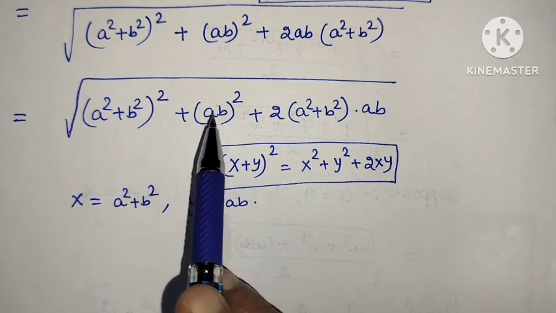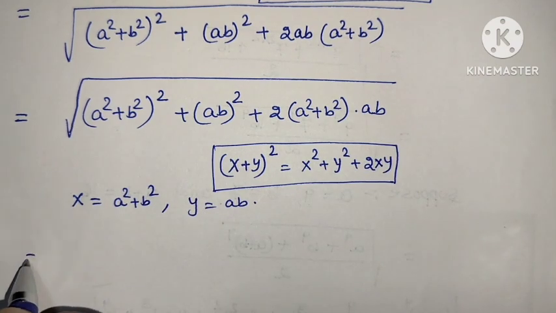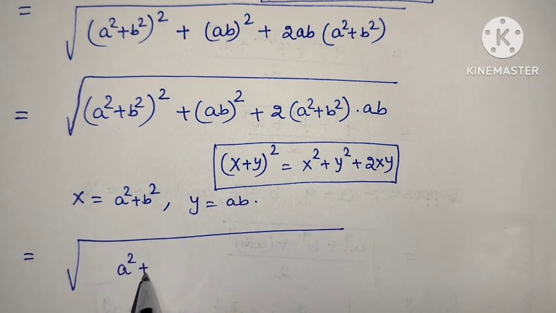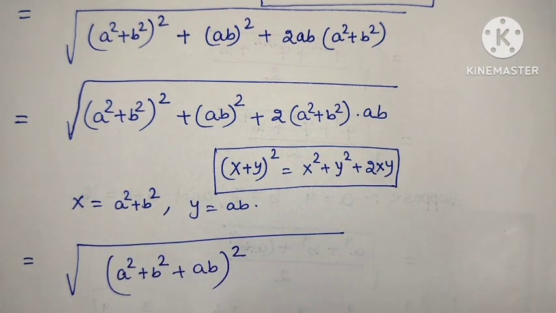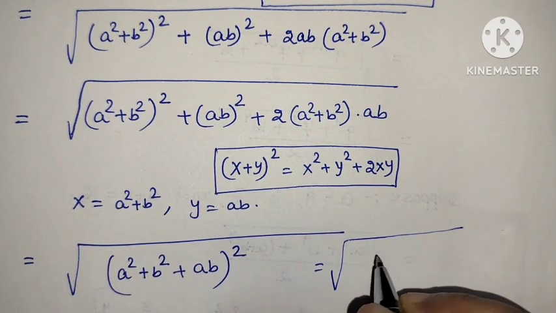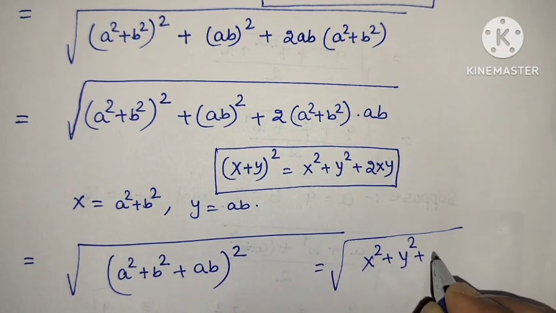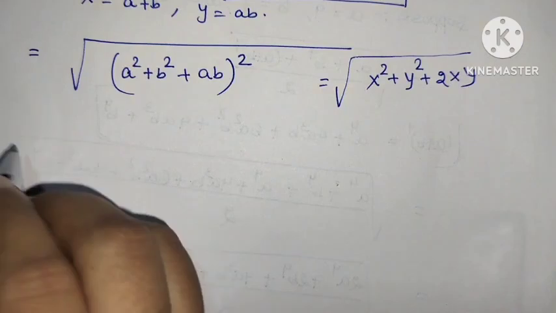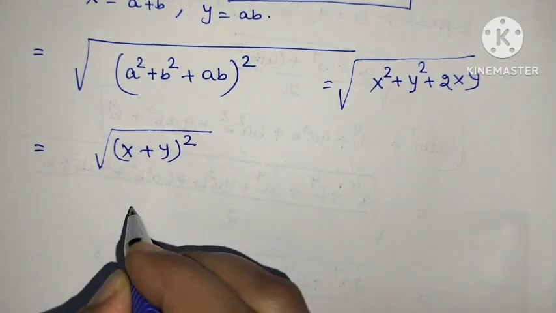X square plus Y square plus 2 into X into Y is equal to root over of A square plus B square plus AB whole square. Or we write it down: root over of X square plus Y square plus 2XY is equal to X plus Y whole square root over.